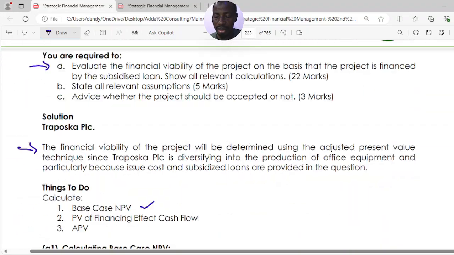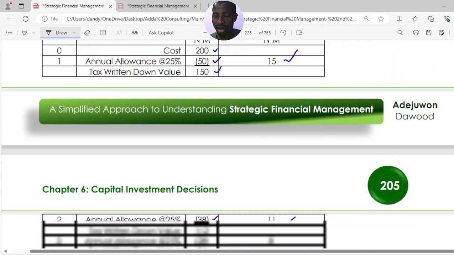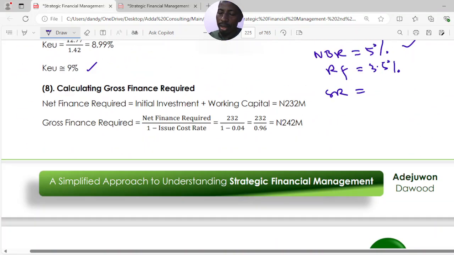So the interest rate on the subsidized loan is 2.5%. Here it will be 3.5% minus 100 divided by 100 basis points, which is equal to 2.5%. So that's for that.